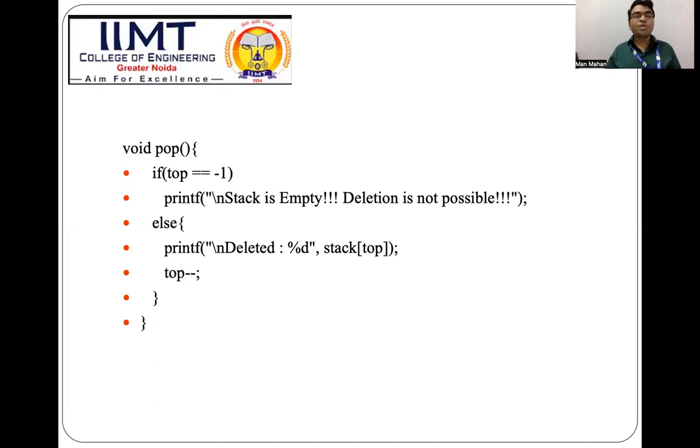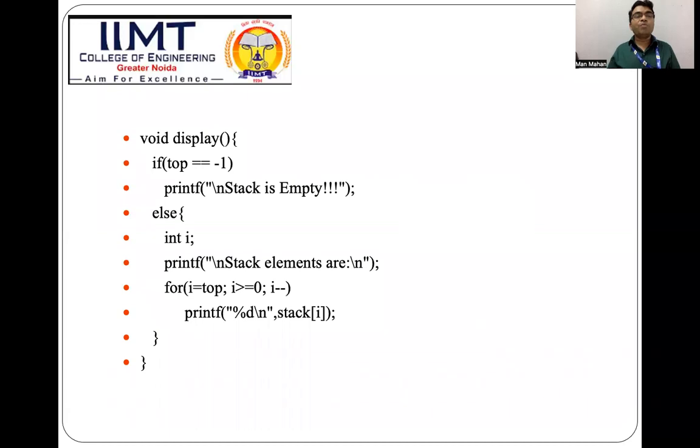Now, after completing the pop operation, if you want to see the elements stored in the stack, we perform the display operation, also known as the traversing operation. In this, first of all, we check whether top is equal to -1 and print that the stack is empty.